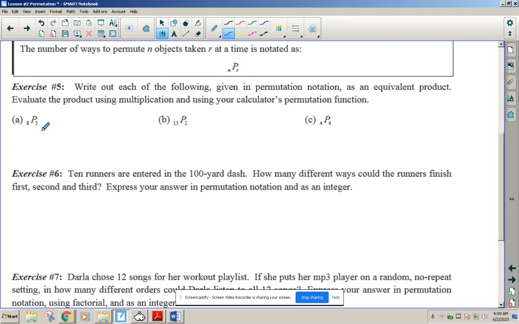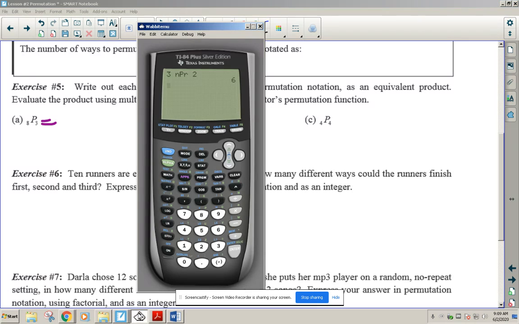So if we have 8 pick 3 and you type this into your calculator, you're going to get 8 pick 3. Let's just do that together. Just practice one more time. 8, math, back arrow, 2, and you're picking 3. You're going to get 336.